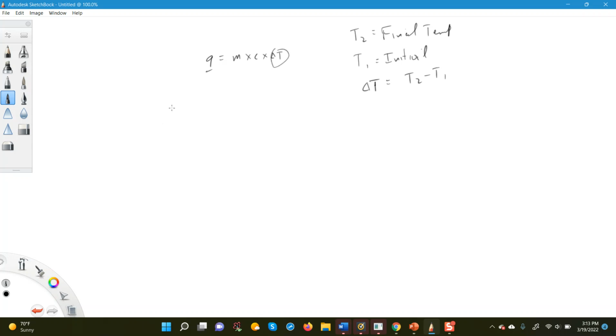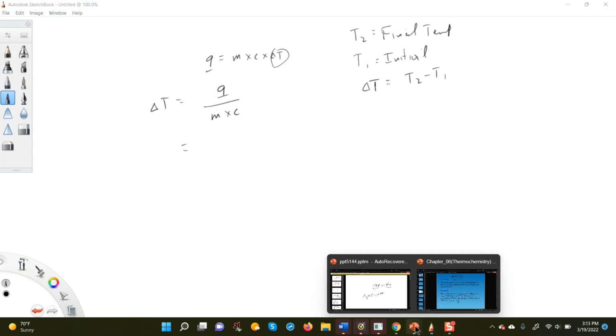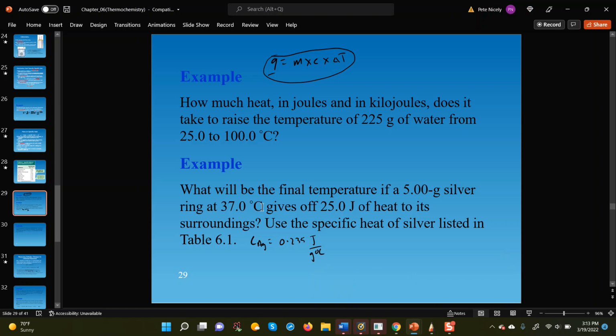So based on this equation, we can rewrite this as delta T is equal to Q divided by M times C. So Q is given as being equal to, now again, this is where we have to pay attention to how the question is worded. So let me go back to the PowerPoint here. If you look at the question, how it's worded, it says that it gives off 25.0 joules of heat, right?